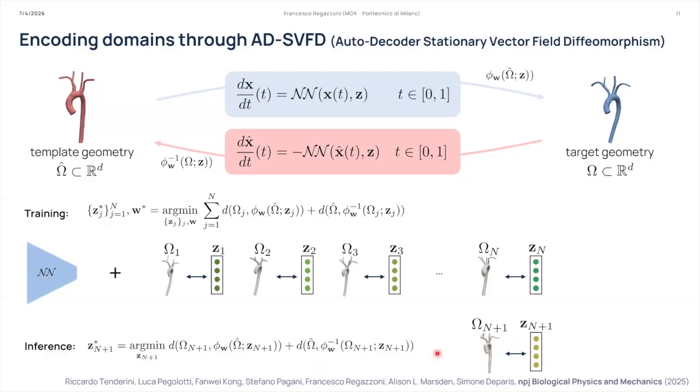So in other terms, we will solve the same minimization problem that we have during the training, but now we don't minimize with respect to the parameters of the model, so the model is frozen. We only minimize with respect to the shape code. So this is a low-dimensional optimization problem that can be solved in a very small computational time, so very often just seconds. And in this way, we can associate a shape code to each geometry.